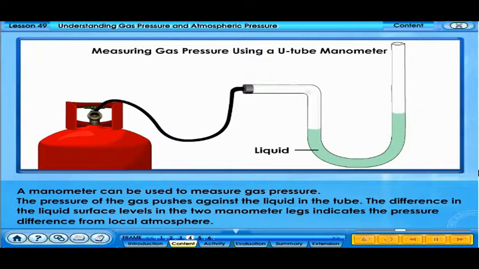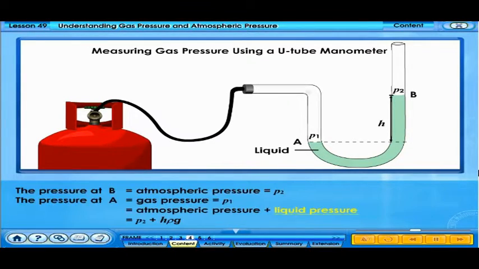A manometer can be used to measure gas pressure. The pressure of the gas pushes against the liquid in the tube. The difference in the liquid surface levels in the two manometer legs indicates the pressure difference from local atmosphere.